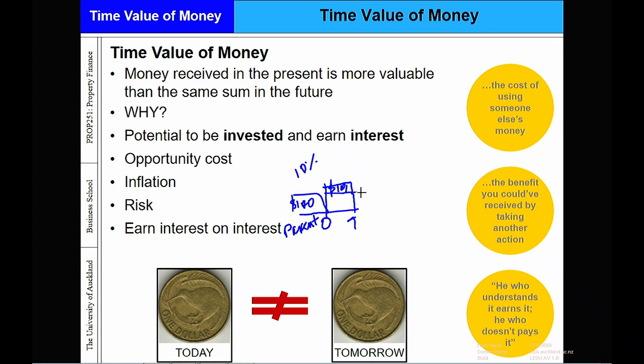In year 3, it's now this $121 that's earning interest. With simple interest, it's still the same 100 that earns interest. So, assuming you're getting 10% interest, you end up with 133.1 versus 130.